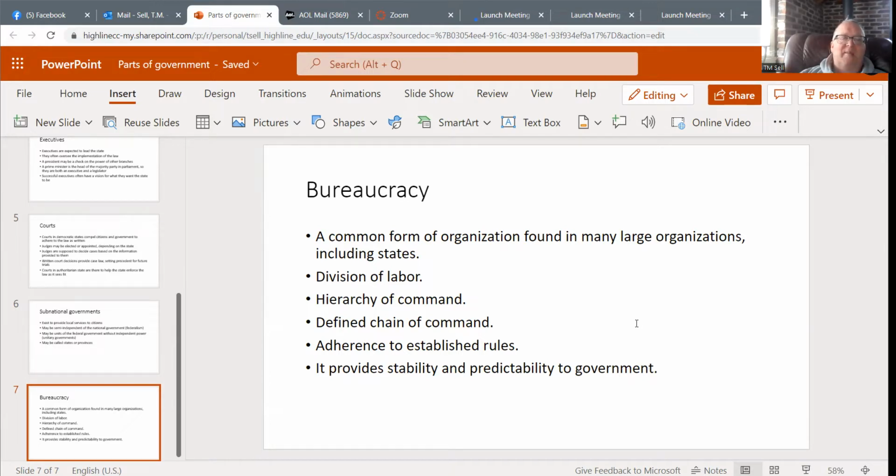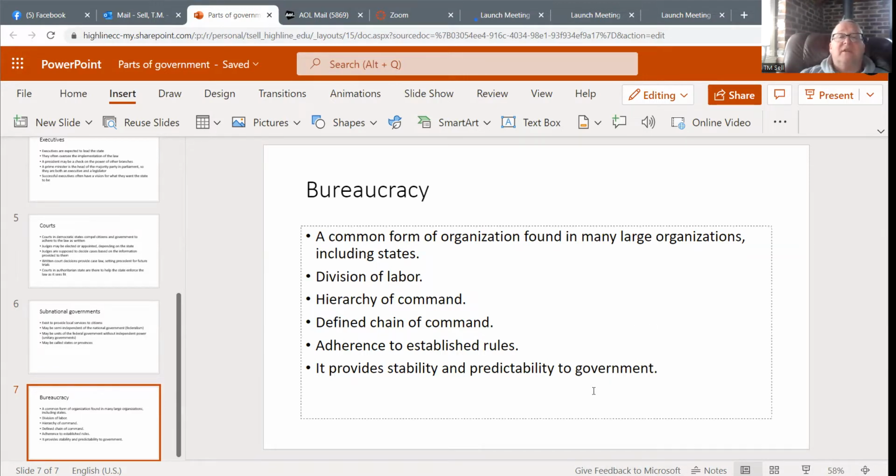So even though you may hear bureaucracy as this evil thing, right? It makes government so big and inefficient. It's really just a form of organization. And before we had bureaucracy, government was not terribly efficient. People in government played favorites. They said, yeah, you get a permit and you don't. And you have to pay extra money, and you get to vote and you don't. So that's what that's about.